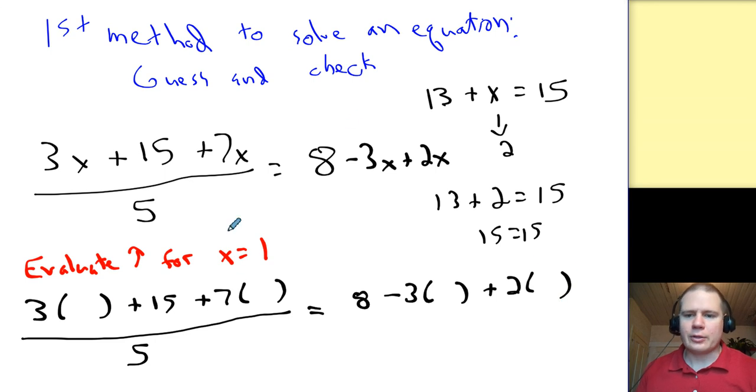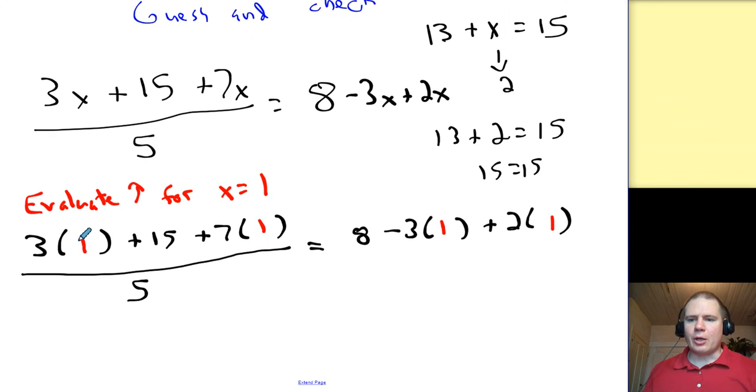And we said x had a value of 1. So just like when we're evaluating expressions, we're putting empty parentheses in, then putting in our guess for x, and now I'm just going to do my arithmetic.